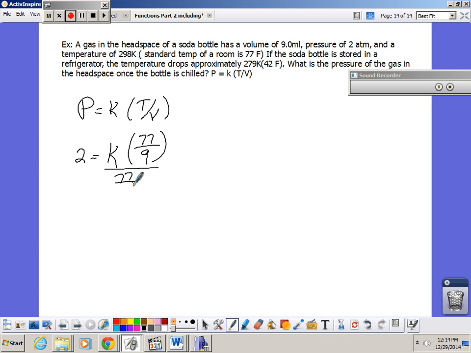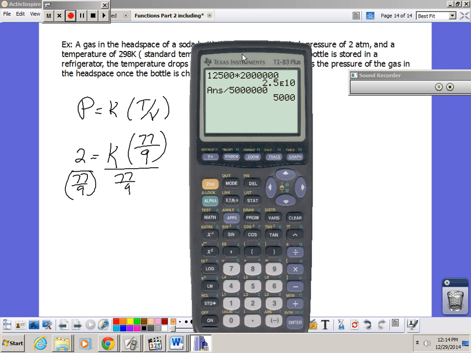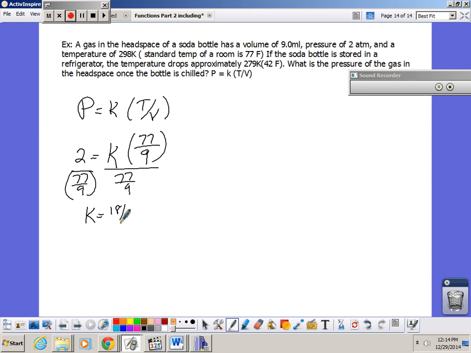So I have to divide by 77 over 9 to find my K. So 2 divided by 77 divided by 9. See if I can change it to a fraction. So K is 18 over 77.